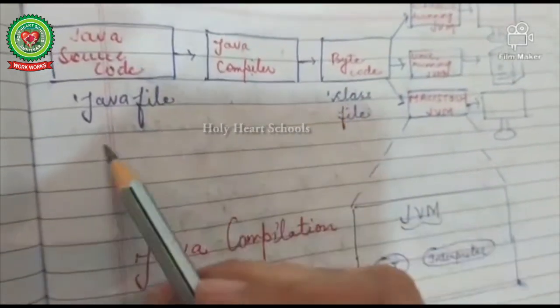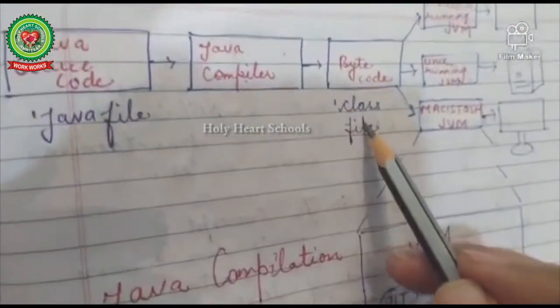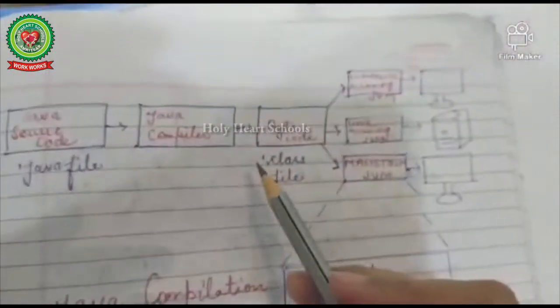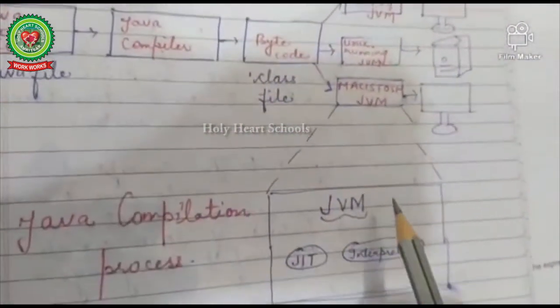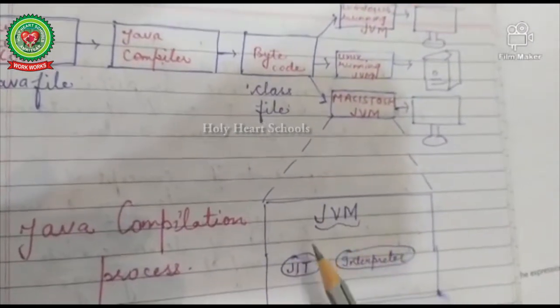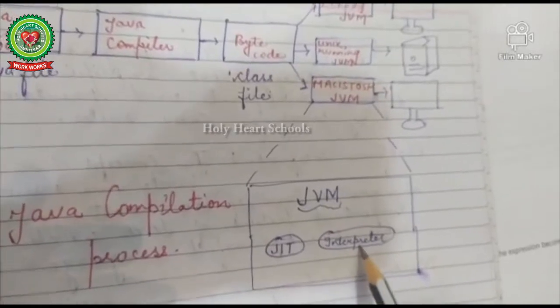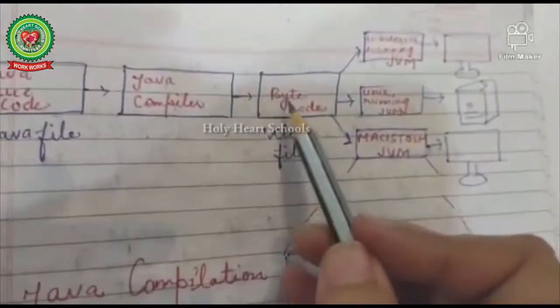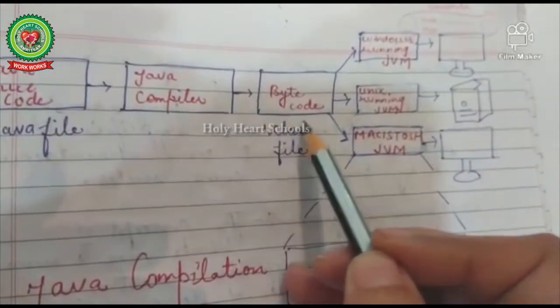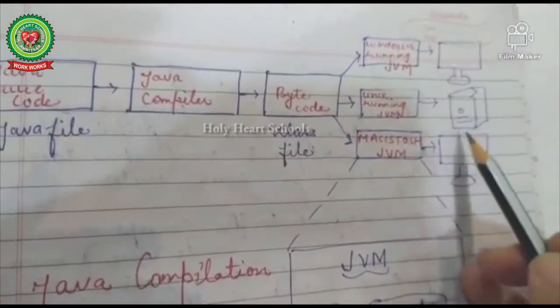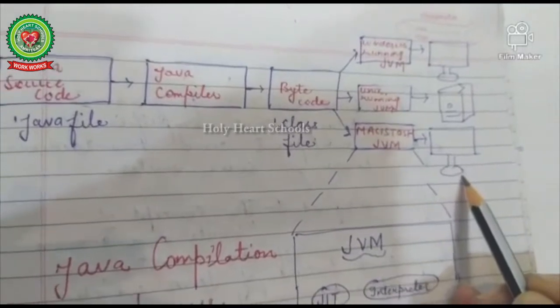When bytecode is generated, the Java file is changed into a .class file. Then our bytecode goes to the JVM. In the JVM, we have the just-in-time compiler and the interpreter that convert our bytecode into the object code that will run on all the platforms.